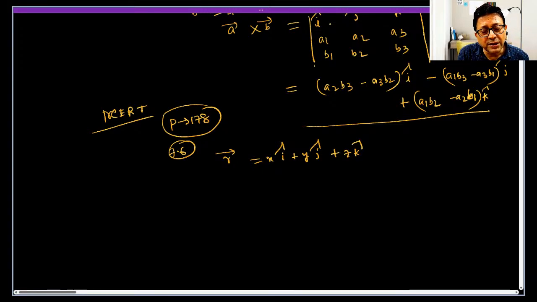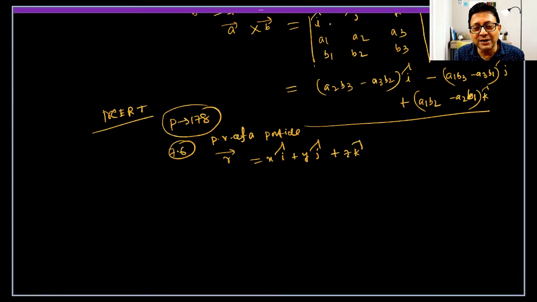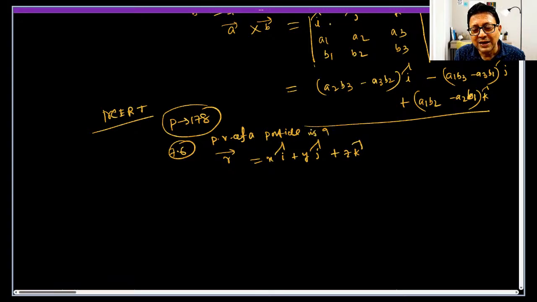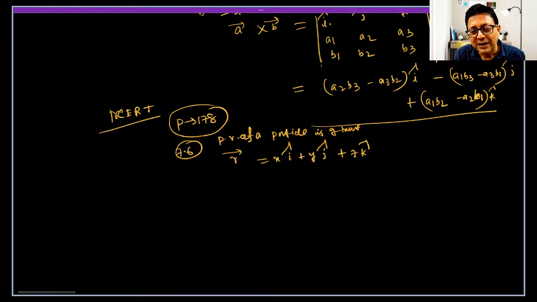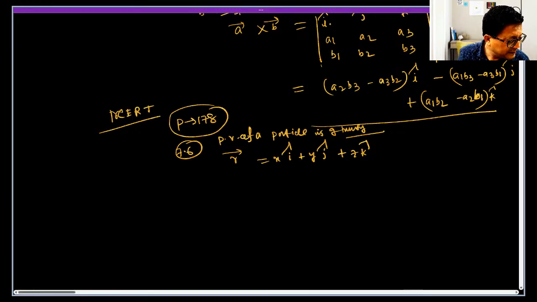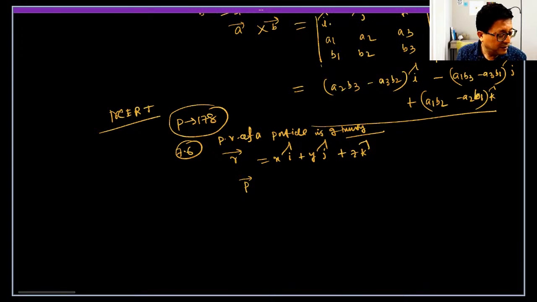Let position vector of a particle, I am writing in my version, not the textbook version, be given by r equal to xi plus yj plus zk, and momentum vector given p.